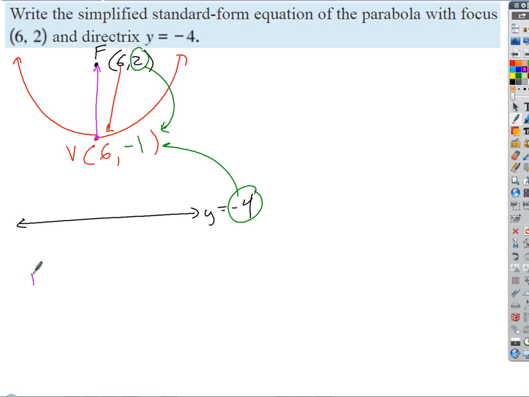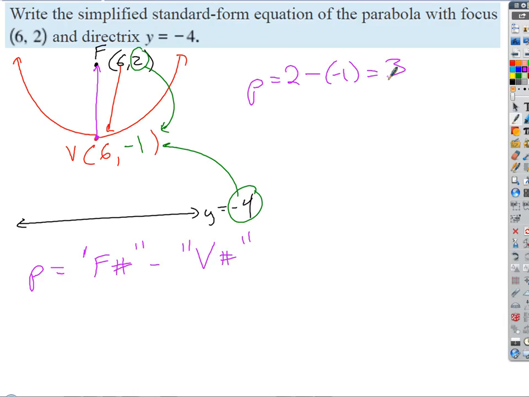So when we want to calculate p, it's always going to be the final value, which is the focus number, minus the V number every time. Okay? Every time. So in this case p would equal 2 minus -1, which is +3.